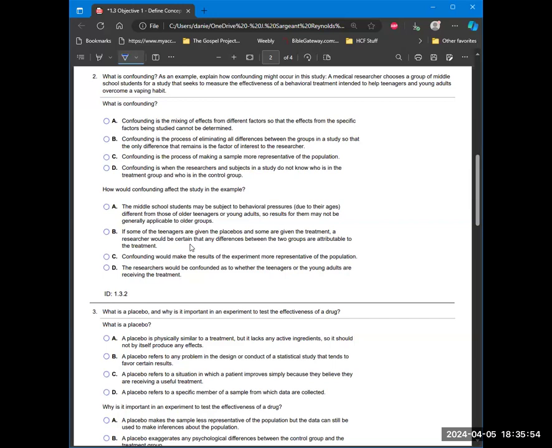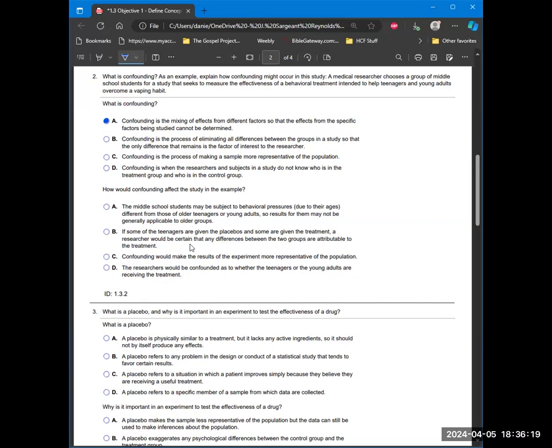So, what is confounding? Confounding is the mixing of effects from different factors so that the effects from the specific factors being studied cannot be determined. So that's A. And how would confounding affect the study in the example?